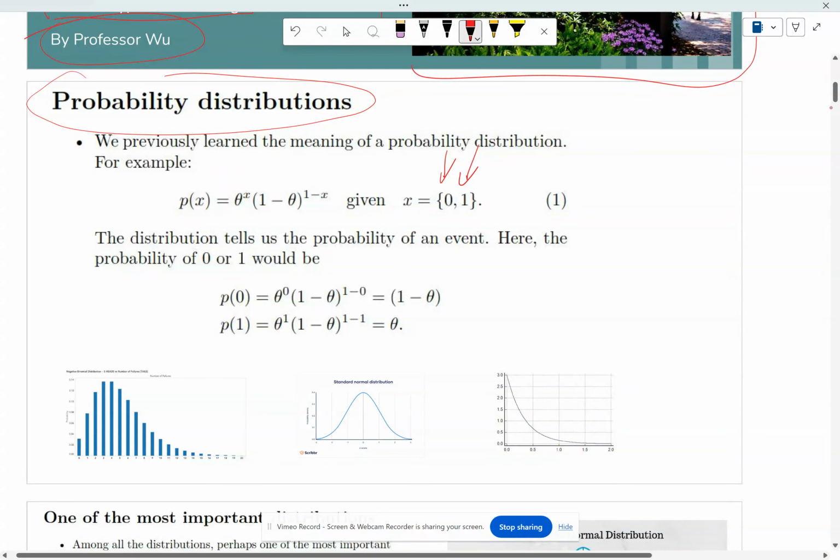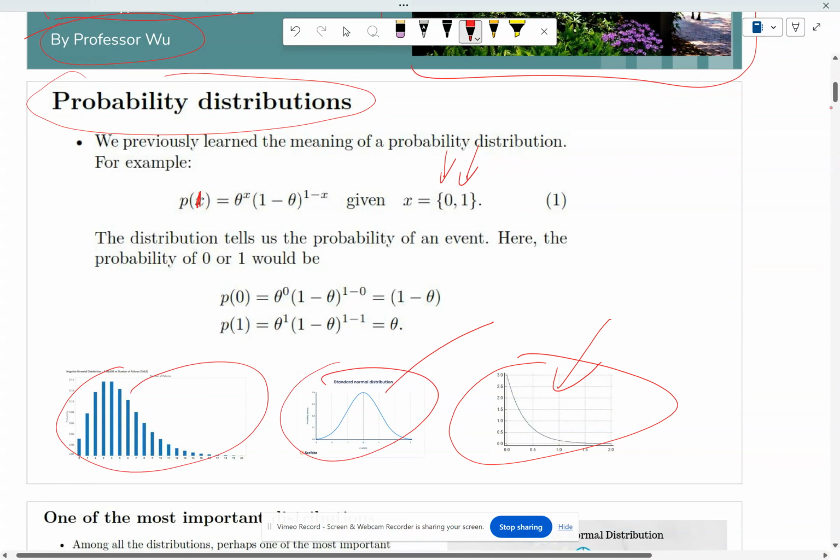If we put in 0, it will tell us the probability that 0 will happen. If we put in 1, it will tell us the probability that 1 will happen. These were some of the distributions, like exponential, Gaussian, and Poisson, that we looked into.